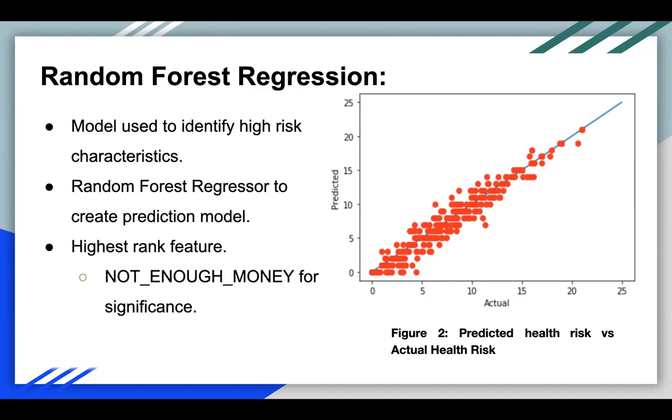Once we have these things, we're able to put it into our model and make predictions based off of it. If you see on this graph, the y-axis is the predicted, while the actual is on the x-axis. So if a dot is on the dotted line, it means it predicted accurately. Since it's all clustered around that line, it's good. It means we can make accurate predictions based off of these 12 questions that were asked to users.